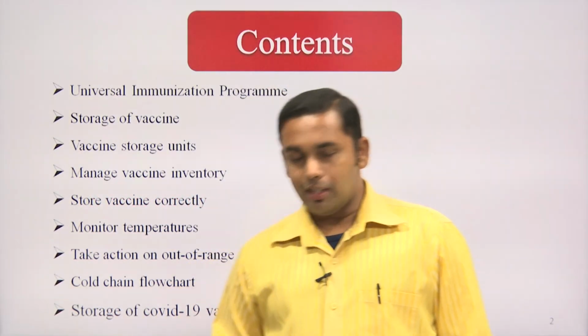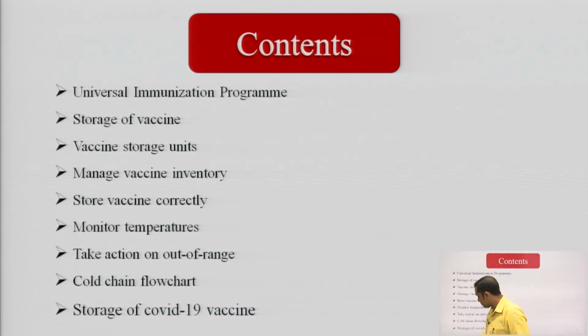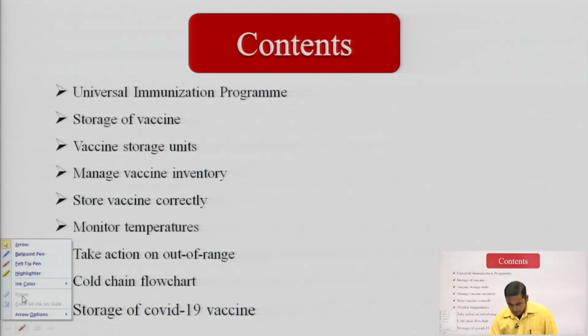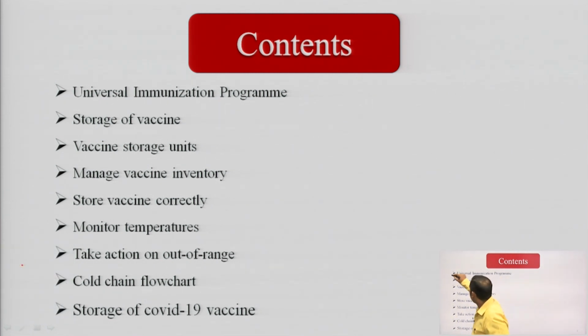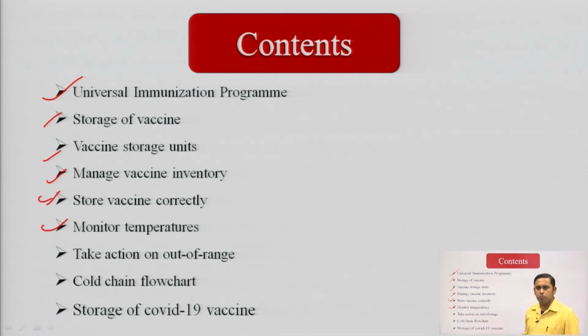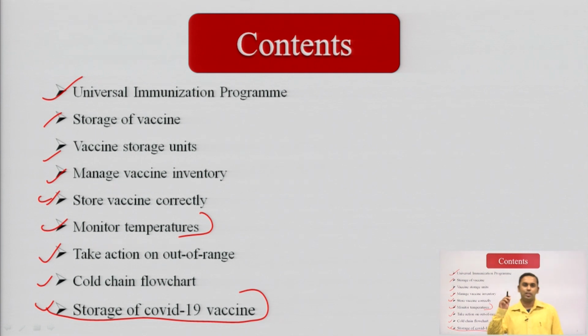So, what are the things I am going to discuss? First, I will tell you about the universal immunization program and storage units, then how we will manage the inventory, that is, how you can store the vaccines correctly, what equipment you can use for monitoring the temperature, when you will take action, and cold chain flow charts, and most importantly storage of COVID-19 vaccine, because in the 21st century the biggest issue is COVID-19.